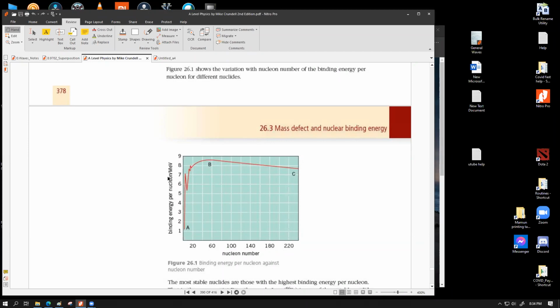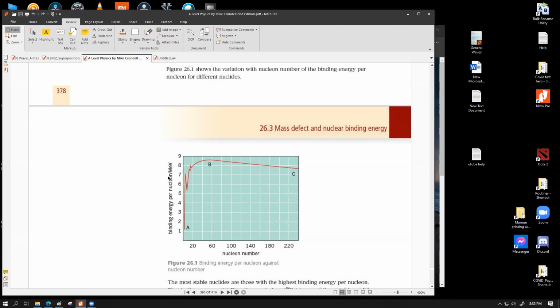For example, sodium 23 has 23 nucleons, while chlorine has about 35. What is chlorine's atomic mass? 35.5, sorry. We use 35.5 because naturally occurring chlorine has two isotopes, chlorine 37 and chlorine 35, at about 25% and 75% respectively.